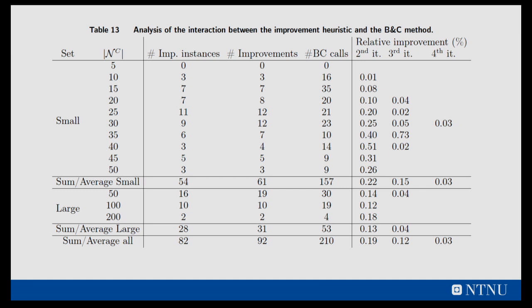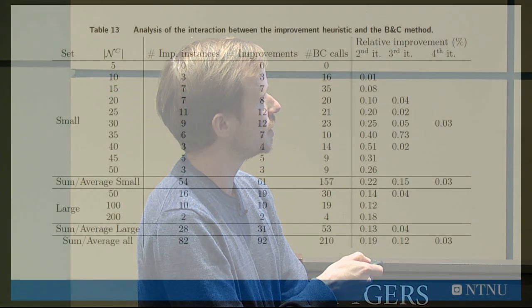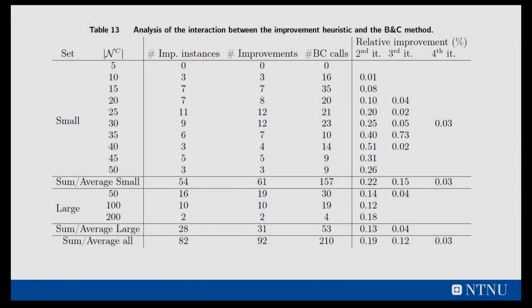So it's not like there is just one instance that it managed to improve a lot of times. It's actually across quite a lot of instances. Around 10% of the instances had a benefit from using this loop between the branch and cut and the improvement heuristic. And then this last block here is just showing the relative improvement in each iteration of the call.